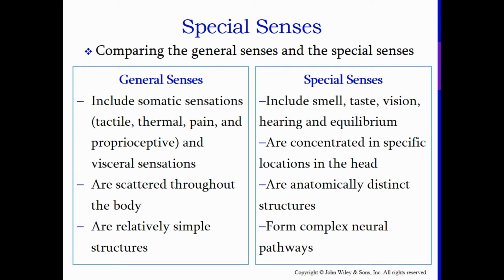The special senses have anatomically distinct structures, so your pain sensors are the same everywhere in your body, but your sensors for vision are structurally different than your sense organ for hearing. So that's what that talks about. Your general senses are relatively simple, and the special senses, those structures are very complex.